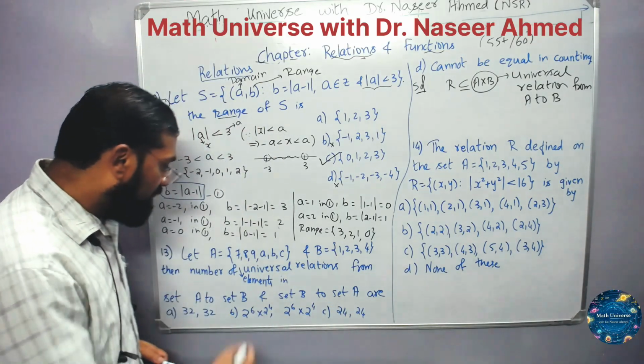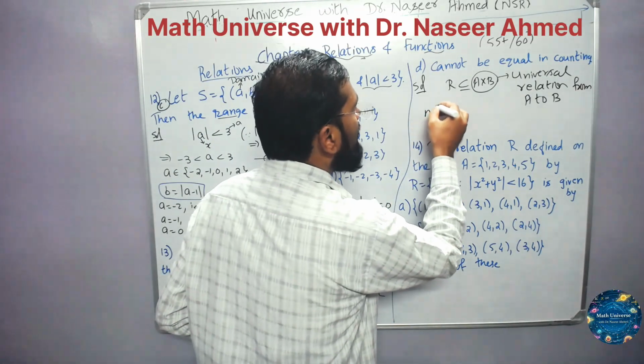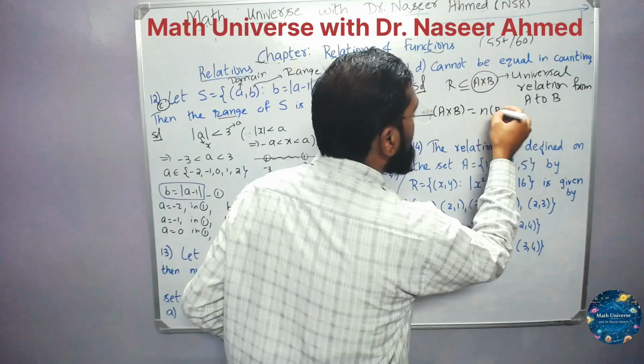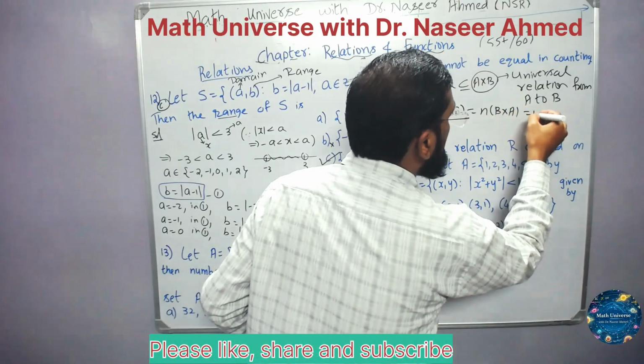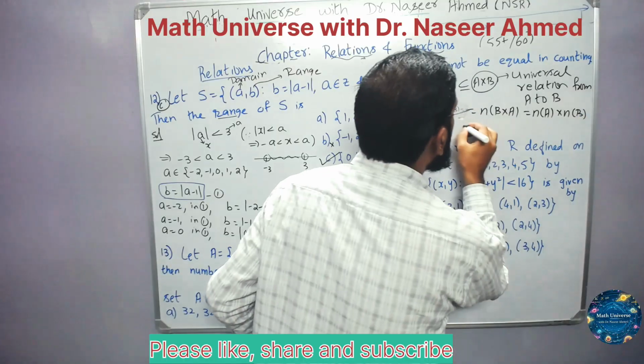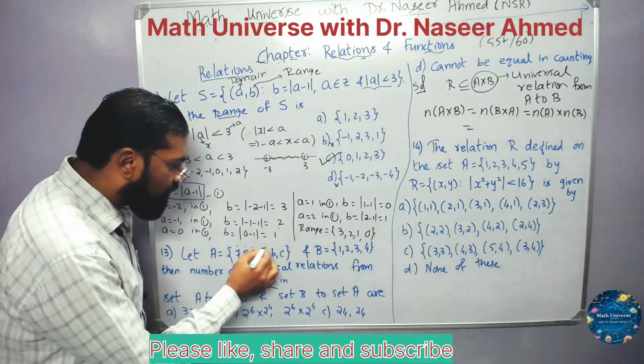So the number of elements in the universal relation is nothing but the number of elements in A cross B, which is the same as the number of elements in B cross A, which is the same as the number of elements in A into the number of elements in B. Number of elements in A, count how many are there? 1, 2, 3, 4, 5, 6.